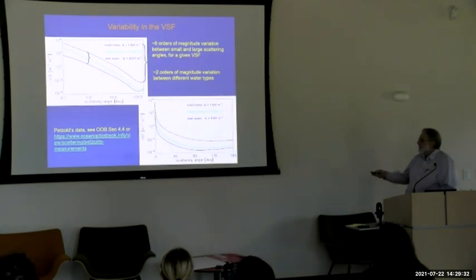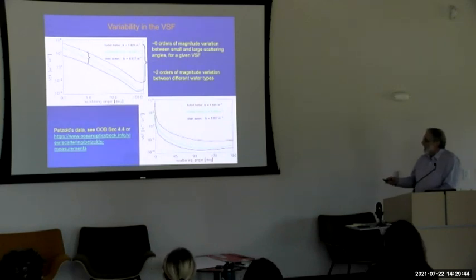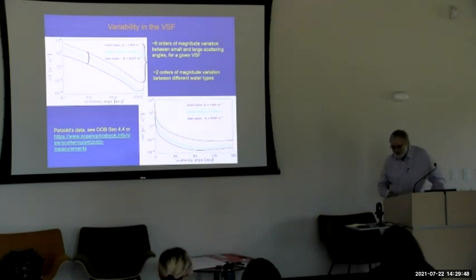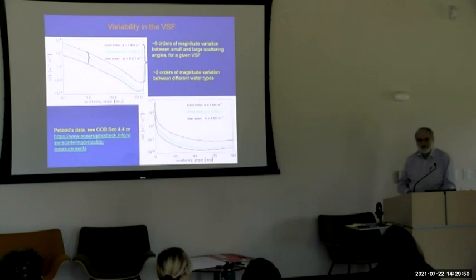Here's the same data plotted on a log linear scale. So you just see this very highly peaked scattering back here, but it shows you the mid-range of angles a little bit better. And so this Petzold data, it's almost like it has become a law of physics now, but it was really a half a dozen data sets, and that's it.